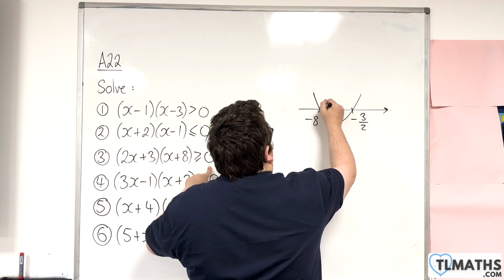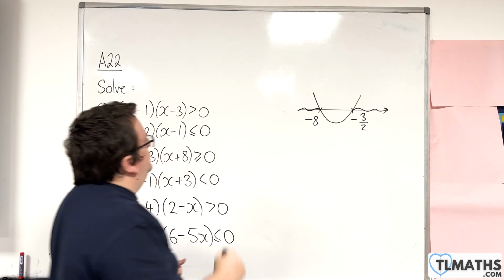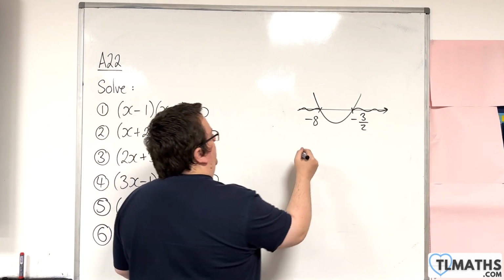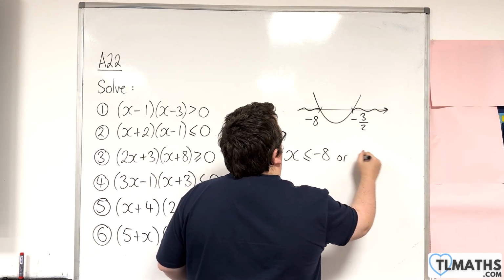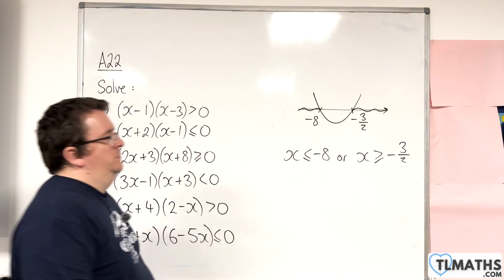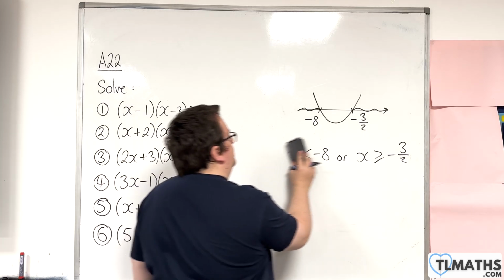That would be there and there. Okay, now because there's equality here, there has to be equality in my inequalities as well. So x is less than or equal to minus 8, or x is greater than or equal to minus 3 halves. Okay, that's that one.